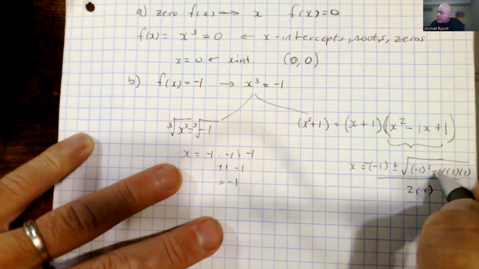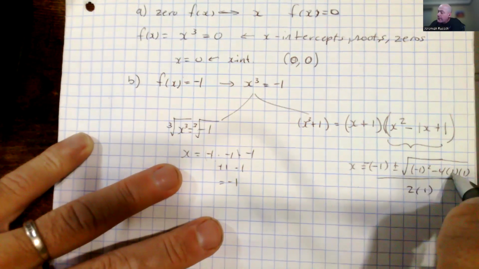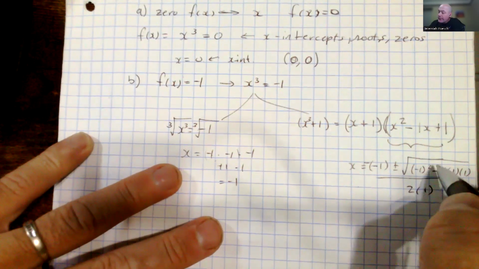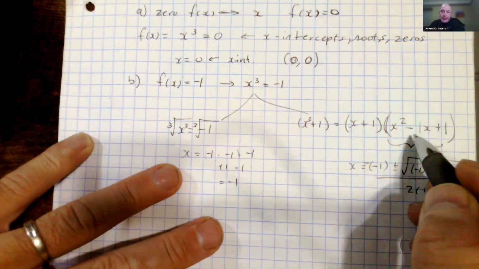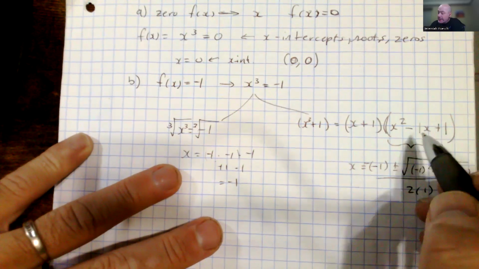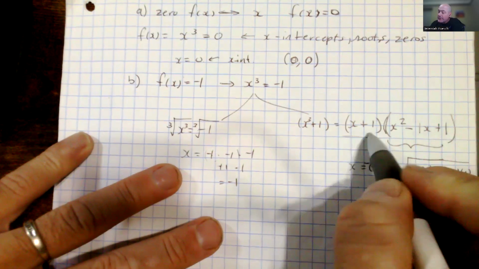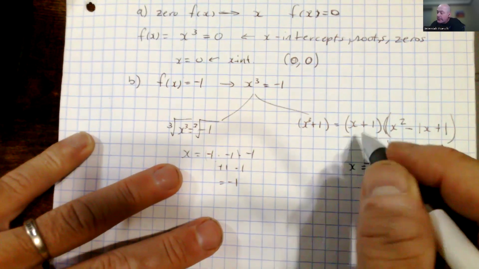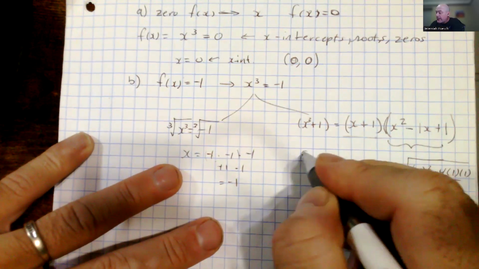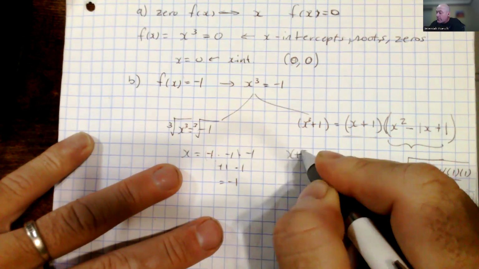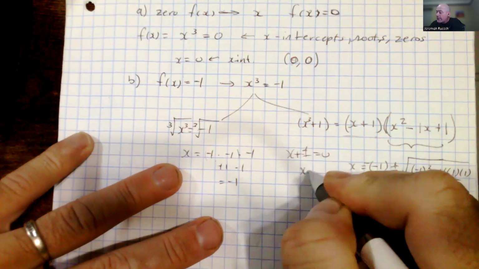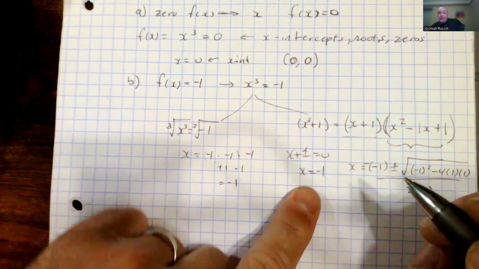Since the discriminant here is 1 minus 4, this is less than 0. So this doesn't have any x-intercepts, at least not over the field of real numbers. And so the only possible solution is when x plus 1 is equal to 0. If we set x plus 1 equal to 0, then x equals -1.